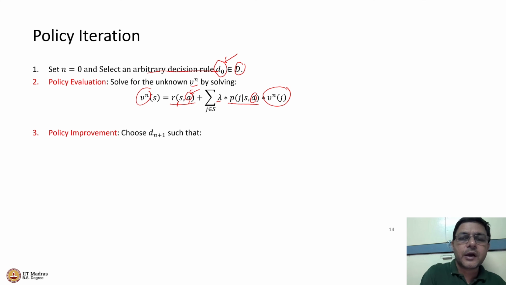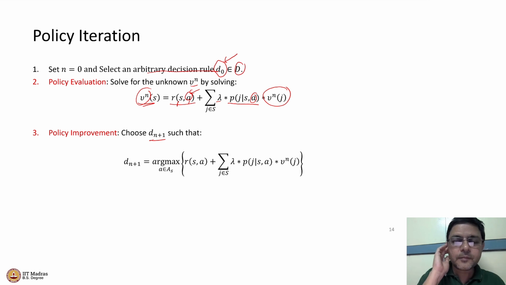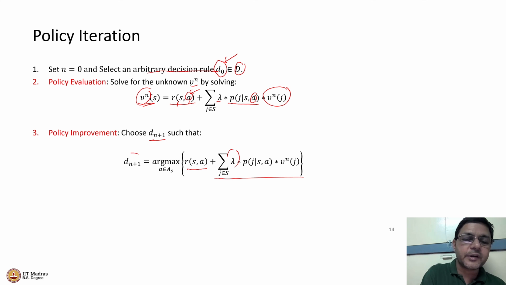Now at the n plus first step, you choose a d n plus 1 such that you maximize this value, which is the immediate reward plus all the future expected reward discounted. This is a discounted reward objective. So what is your d n plus 1? It is a new decision rule in the n plus first step.